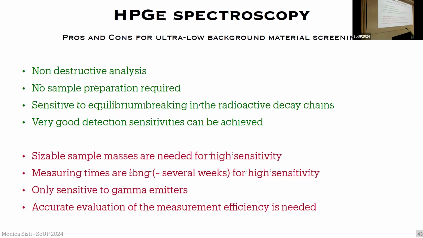The disadvantages are that you need very large sample masses for achieving high sensitivity, which is easy, for example, if you have copper or lead shielding, as you can have a huge quantity of material.